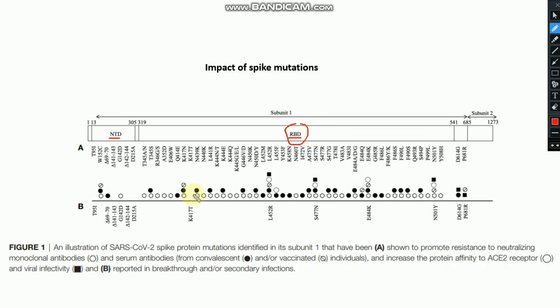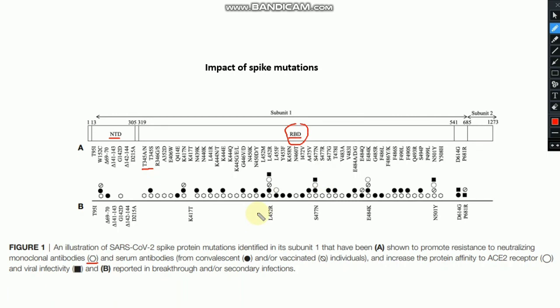So as you see in this figure, here you see all these mutations against monoclonal antibodies. These mutations promote resistance to the neutralizing monoclonal antibody. There are a lot of such mutations found, and all of them can promote resistance to the neutralizing antibody against the RBD.